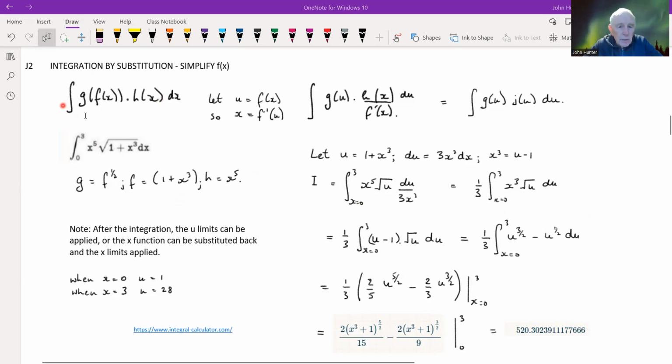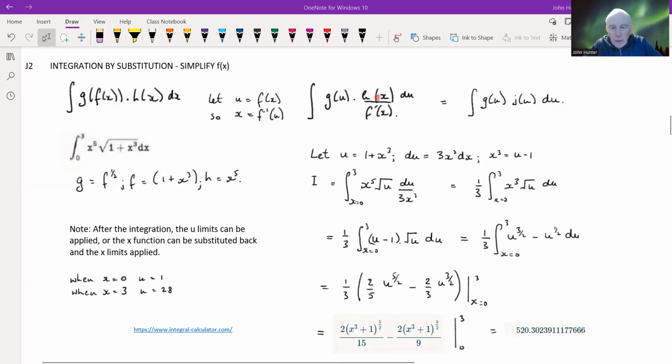So if we've got something like this here, a composite function times the product with another function, dx, then if we do the substitution u equals f of x, what we're going to get is this here, which will help us, because this composite function usually gets in the way.